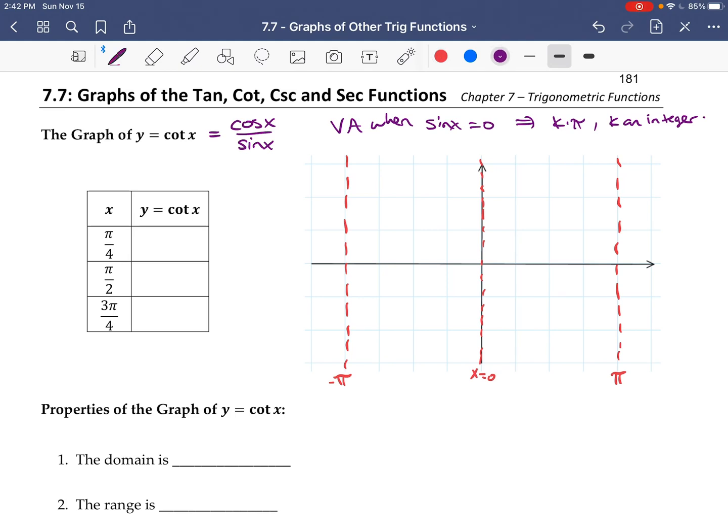Now, cotan is 0 when the top is 0, so that's when cos of x equals 0. So that's going to be at pi over 2 plus multiples of pi. So at pi over 2, our value is going to be 0. Okay, so halfway between 0 and pi is pi by 2, and this is negative pi by 2.